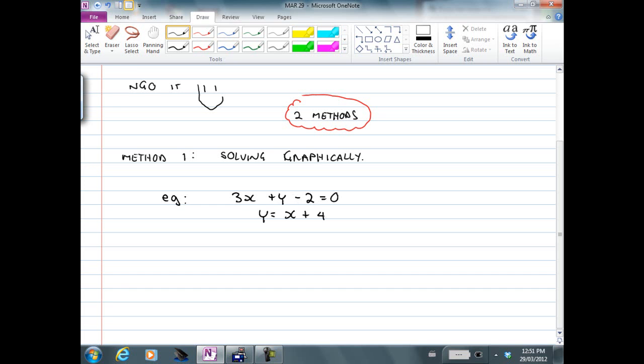Back in grade 10, you learned how to plot an equation. What shape are these two equations? What shape of the graph is it? Not a smiley face, because there's no square. Slanted, it's called a linear equation. So both of these are called linear equations.